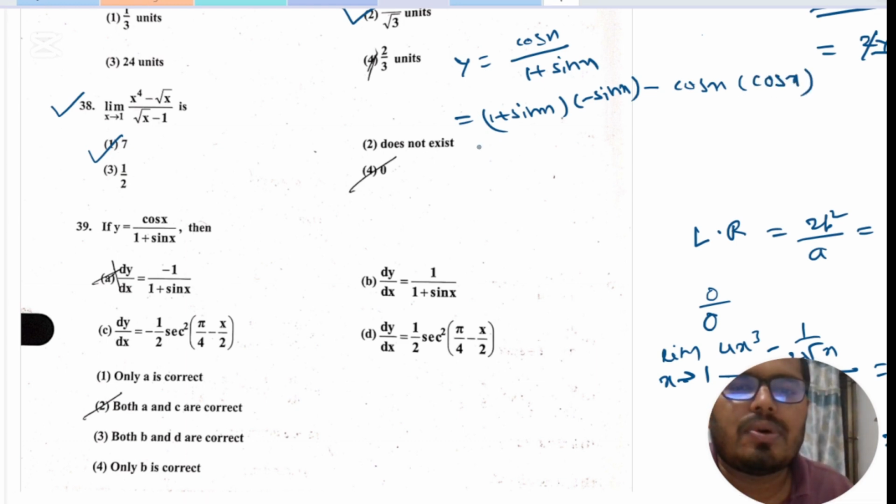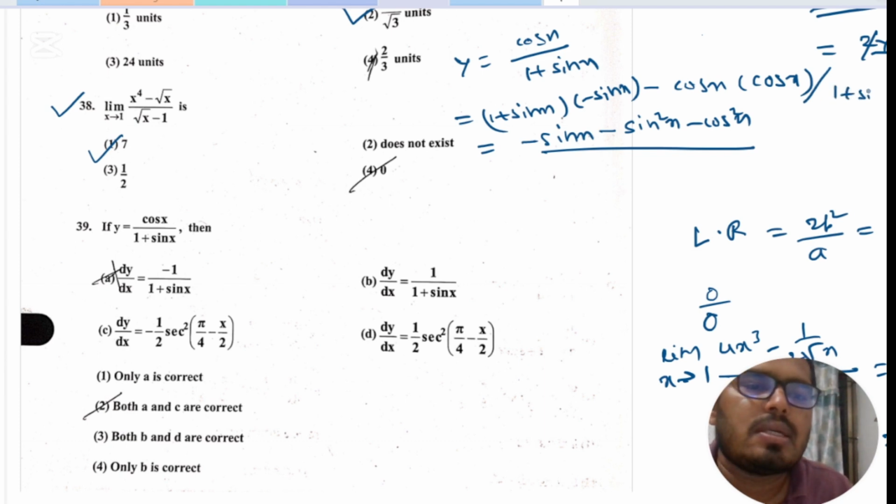Therefore, it is equal to minus sin x minus sin square x minus cos square x, and the whole divided by (1 plus sin x) whole square. Sin square x plus cos square x is equal to 1.